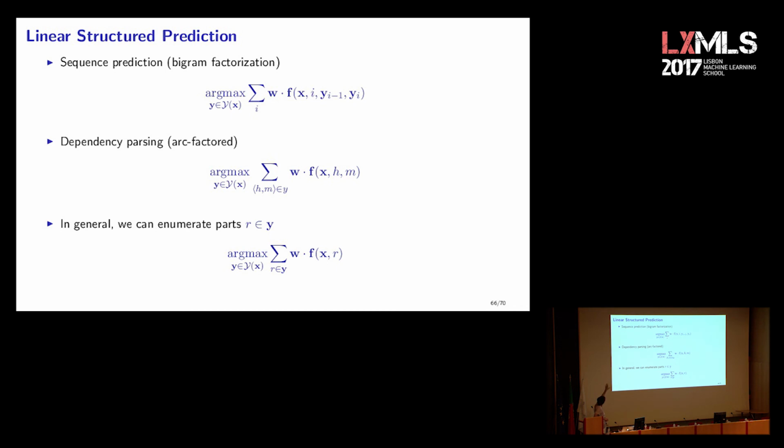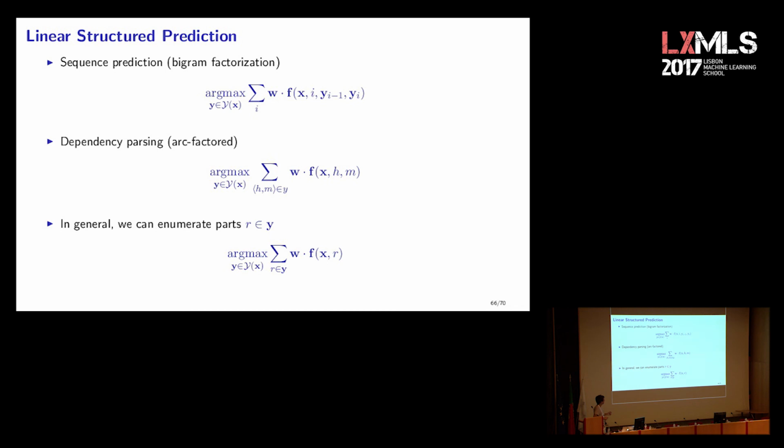So in general, if we focus on linear structure prediction, we can think of sequence prediction. We can have parsing. In general, if you have structures Y that are not sequences nor trees, but are something in the middle or something more general, as long as you can enumerate parts, you can try to build this framework.